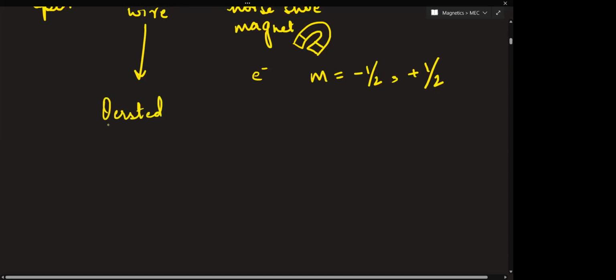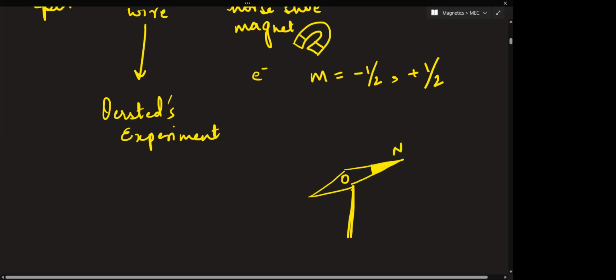Oersted gave an experiment. So Oersted's experiment proved this. Basically, what did he do? He took a pointing needle. He kept it on a stand. One edge of this needle was marked as North Pole, and obviously the other one represented South Pole.